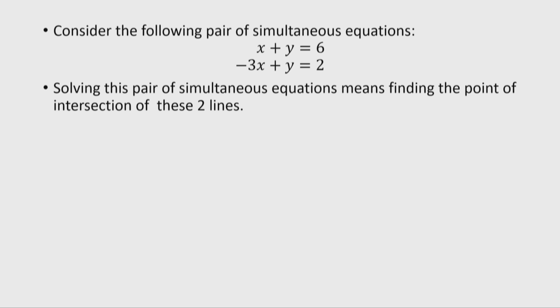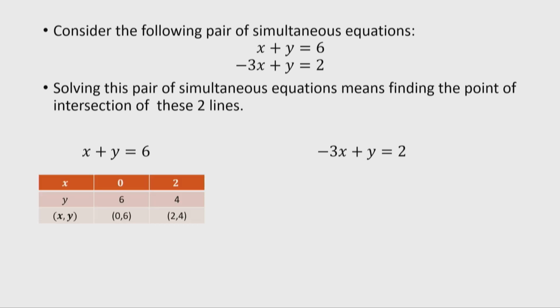Now, you will recall that to draw a straight line, we need at least 2 coordinates. Let us consider the first line, x plus y equal to 6. So if I take x equal to 0, I replace in the equation of the line x plus y equal to 6, I will get y equal to 6. So the coordinates will be 0, 6.